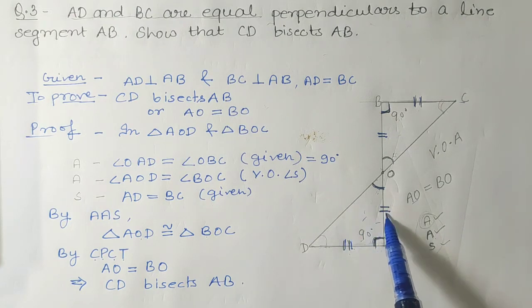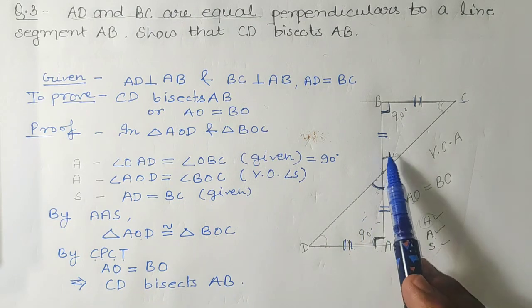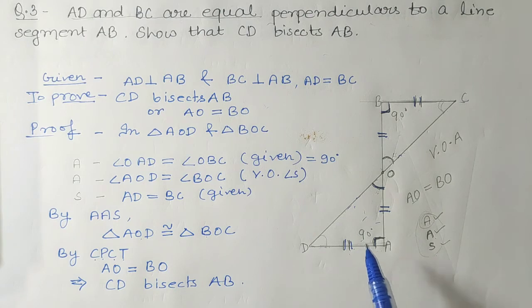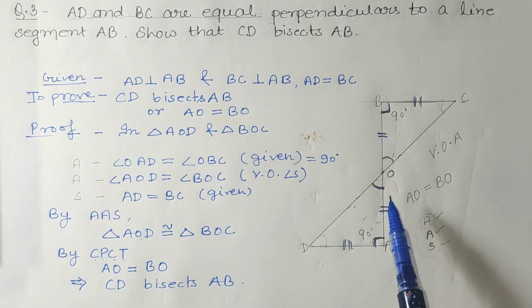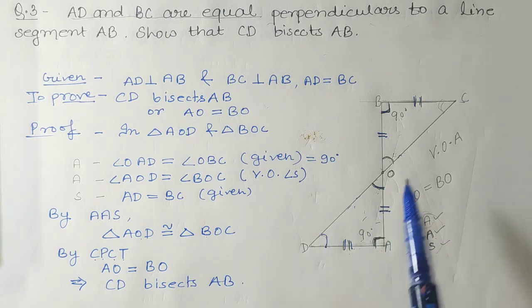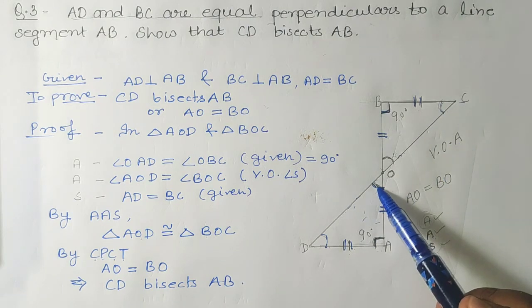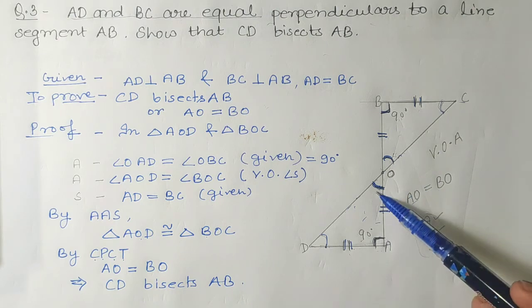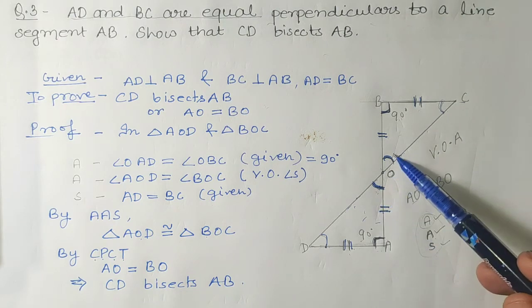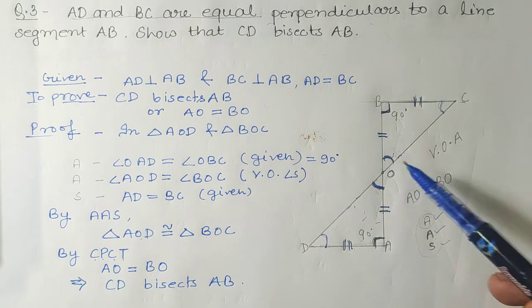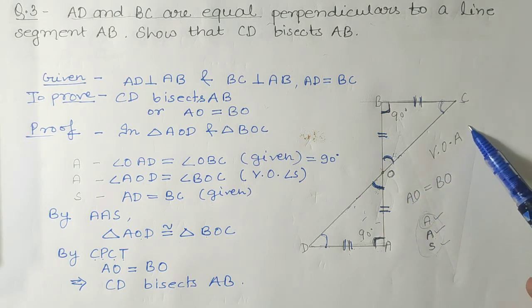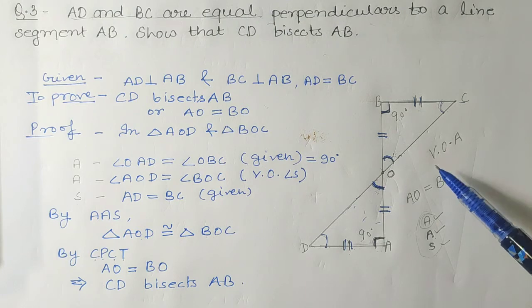There is no information about the other sides, and we don't know anything about them. So we have to think about an angle. Either we will prove that this angle is equal to this angle, or that this angle is equal to this angle. To show that this pair of angles is equal, we can easily say that by the criteria of vertically opposite angles, these two angles are equal.